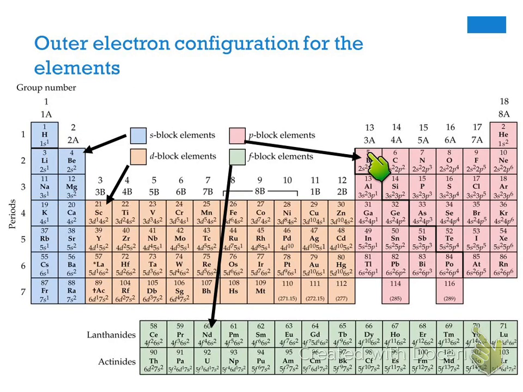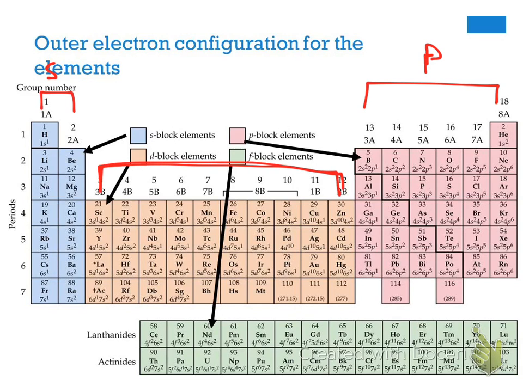Then I want you to jump over to our groups 3 through 8, and these are called the P block. So all 6 of these groups, 3 through 8, are called the P block. So these groups are S, these groups are P. The transition metals right here in the middle are called the D block.